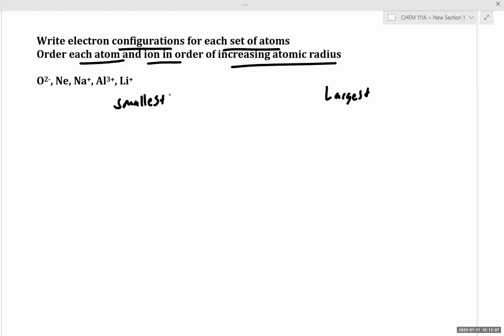So O2 minus, a negative charge indicates we're gaining electrons. Oh, no problem.